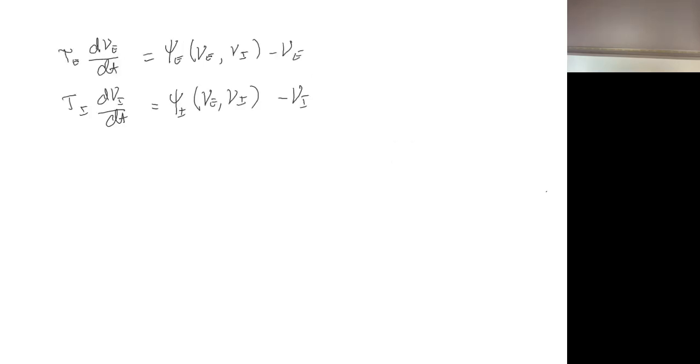Okay, so this is a set of nonlinear ODEs. In general, nonlinear equations can't be solved analytically, but we can get a lot of insight into them by nullcline analysis, which is basically what we did last time. And it consists of two things.